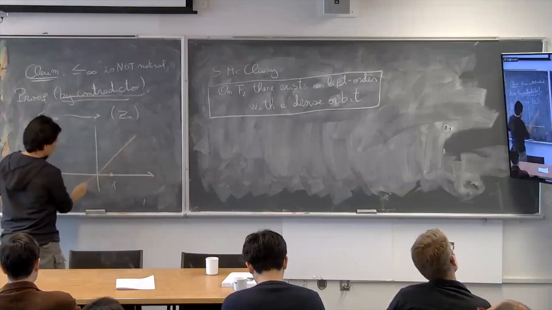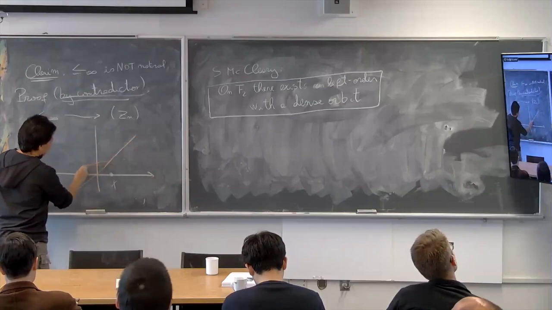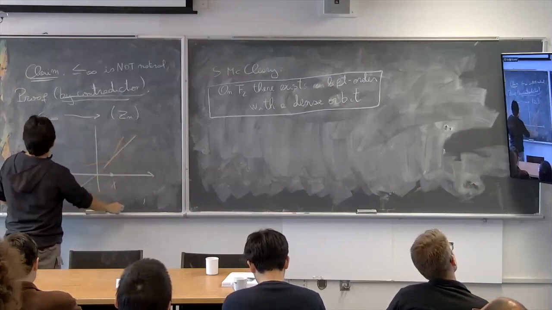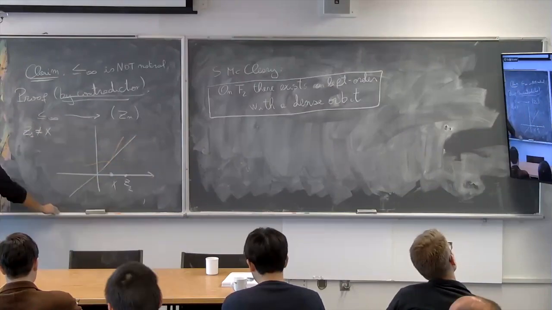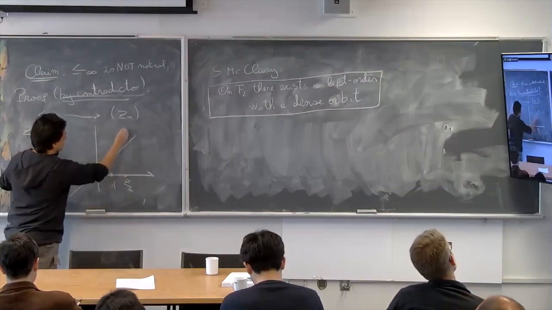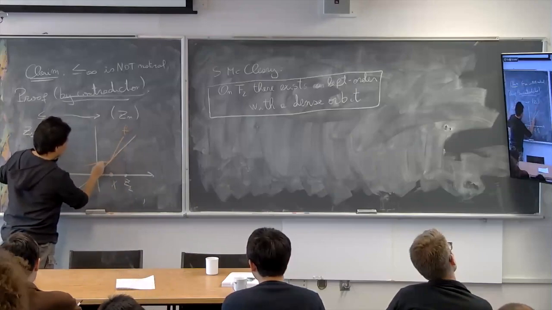Consider two elements like this. Take c1, say c1 to the right of x. This is f, and this is the same f here.